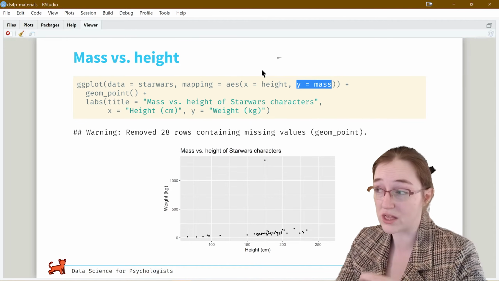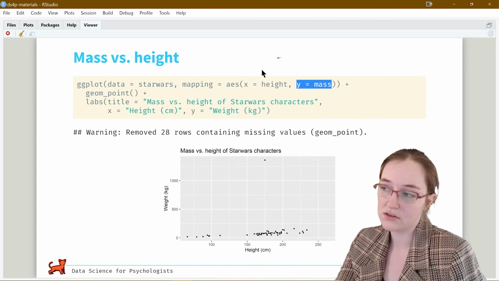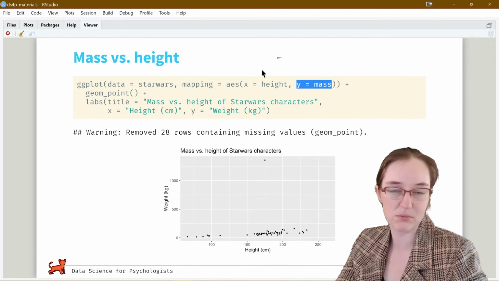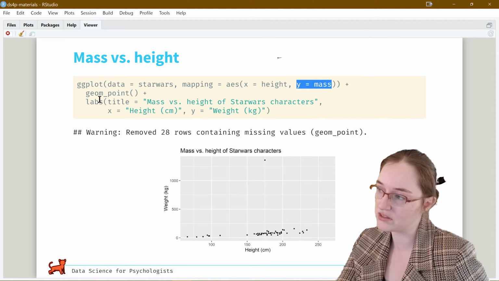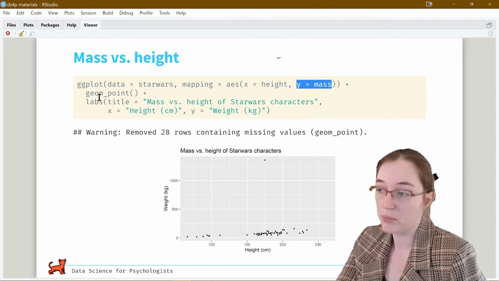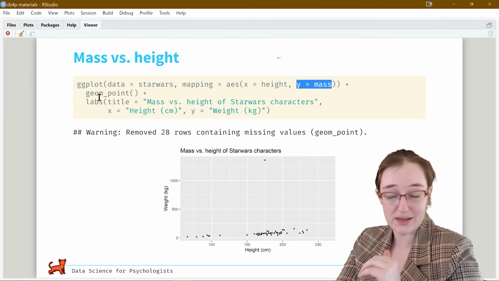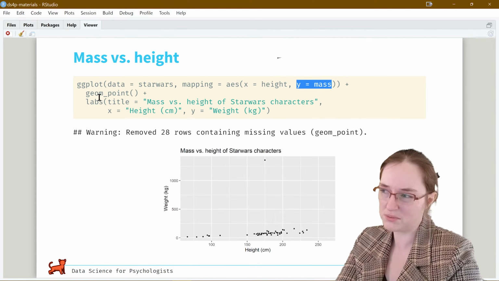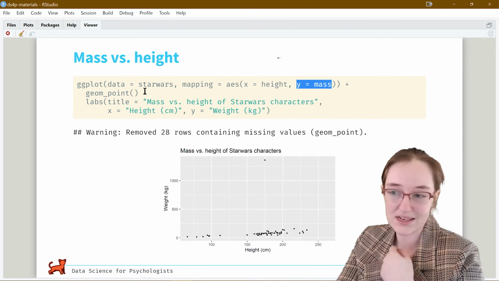And then to look and untangle those key pieces, we want to throw in a scatter plot. So we just add in plus geom for geometry, point. So it's that second layer up. And then we throw on some labels. We just add them on. That's kind of the basic logic here.